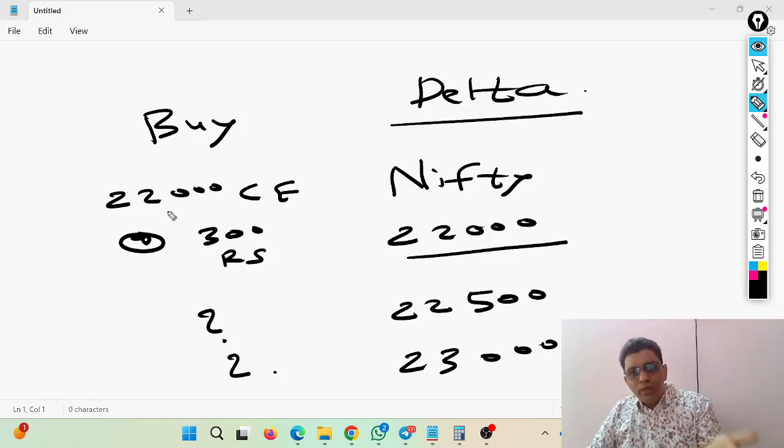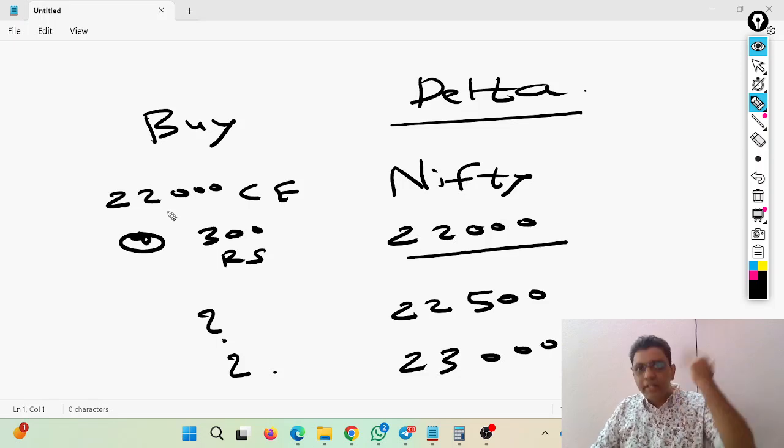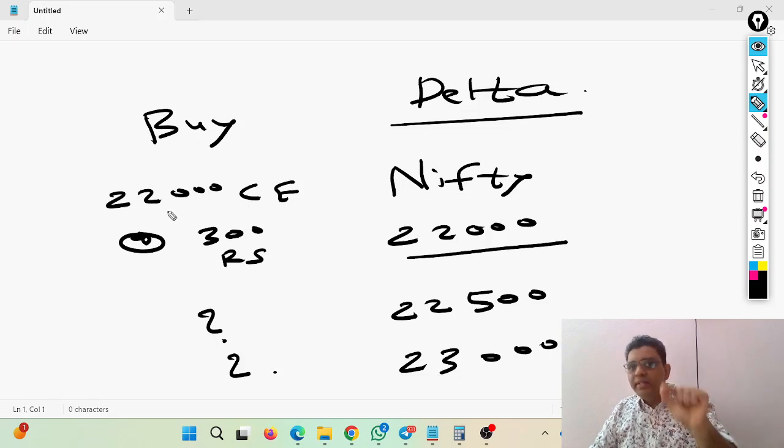Whether it could be 400 rupees or 4,000 rupees or 2,000 rupees, that is decided by delta. So delta is quite simple. It just depends upon your underlying. How much my option premium will increase or decrease based upon the movement of my underlying, that is Nifty in this case, that is decided by delta.